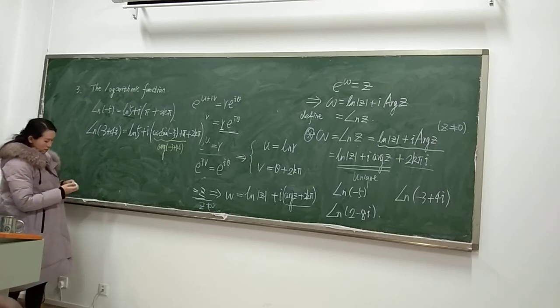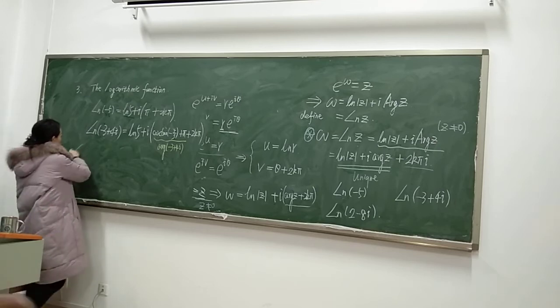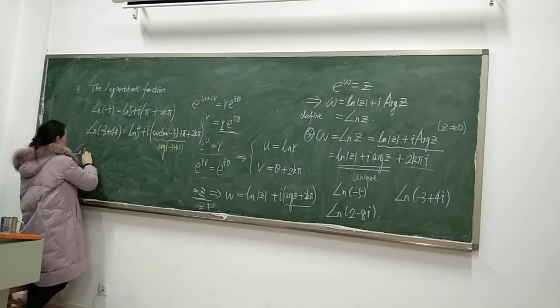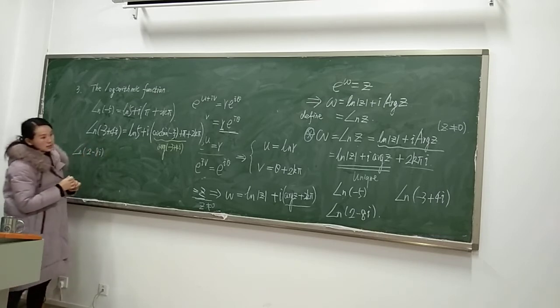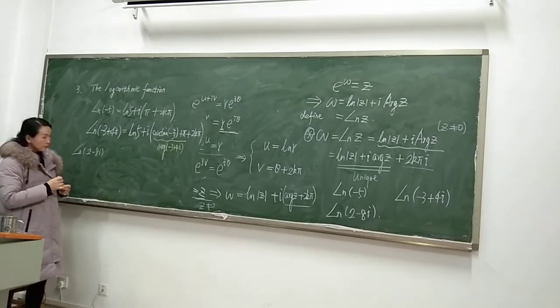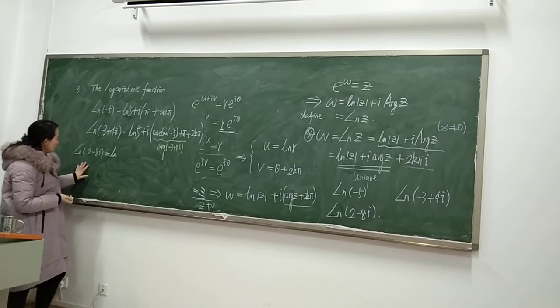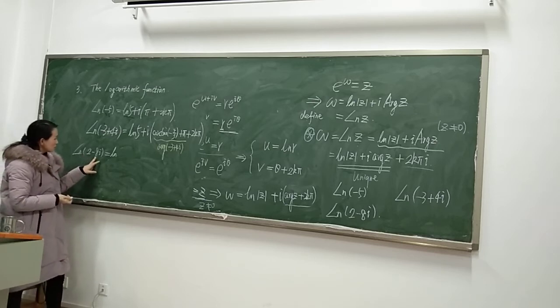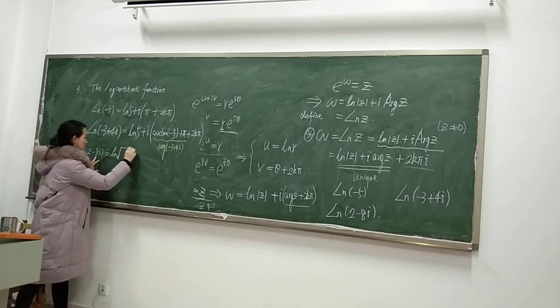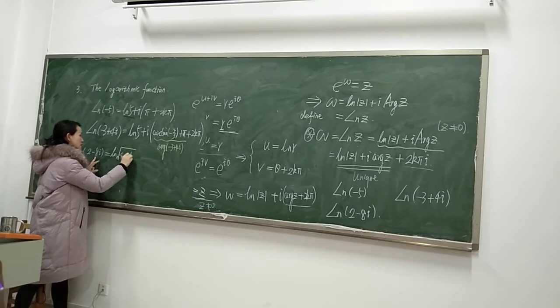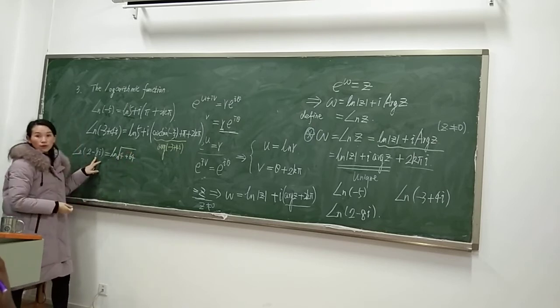Okay, the last one. This is the last one. Equal ln the modulus of this, which is 4 plus 64.